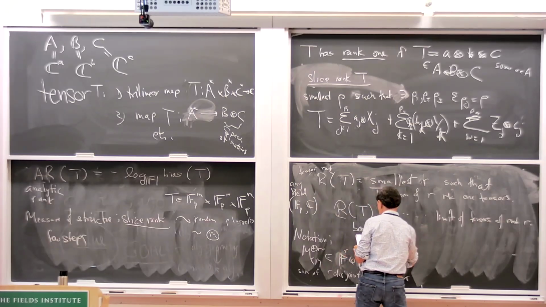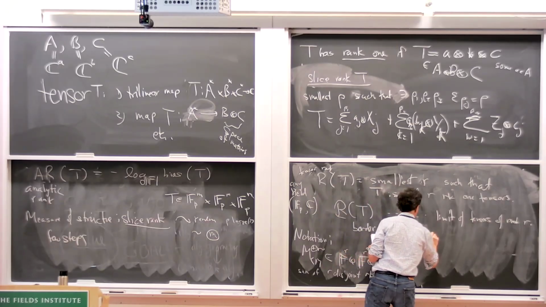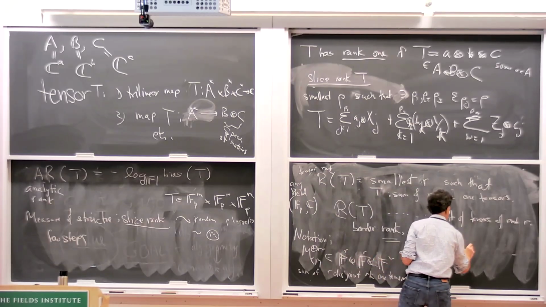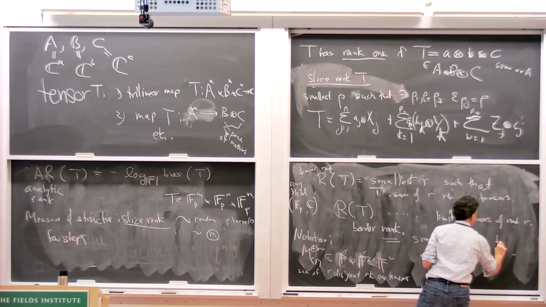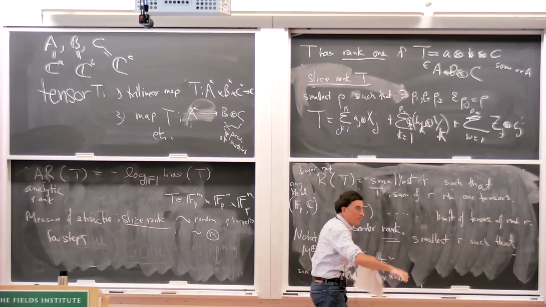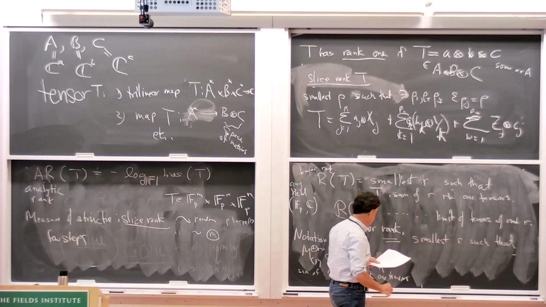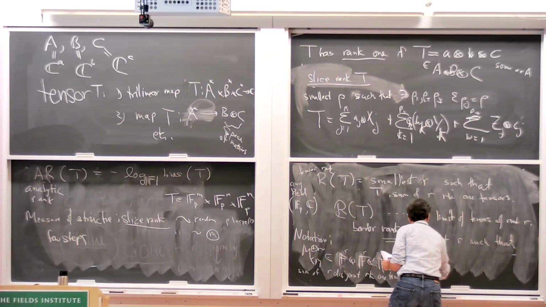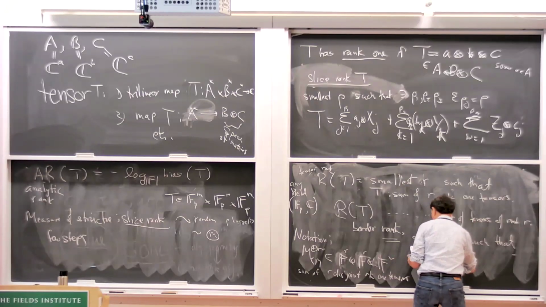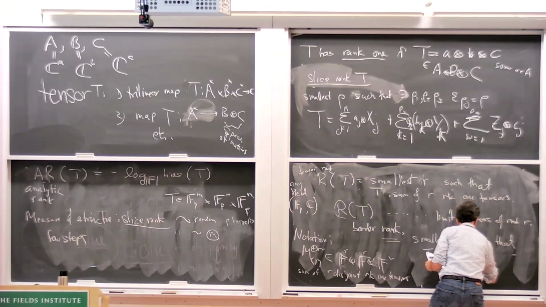This is also the smallest, and this is going to be important. This is the smallest r such that if I allow myself to embed my tensor in a larger space, T is in the orbit closure of this so-called unit tensor.